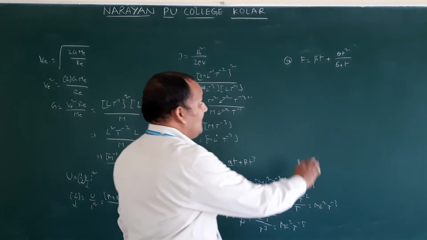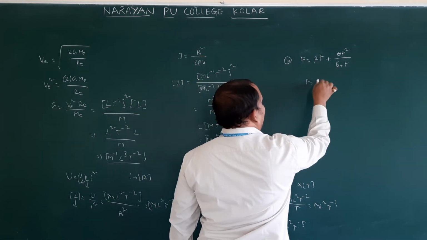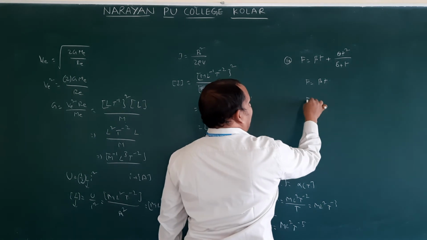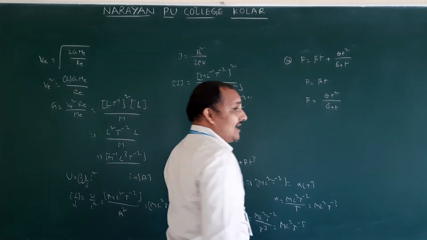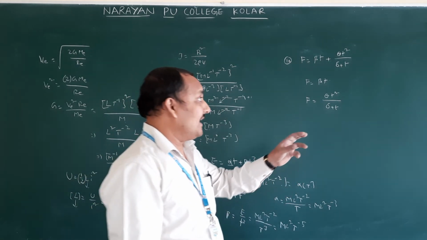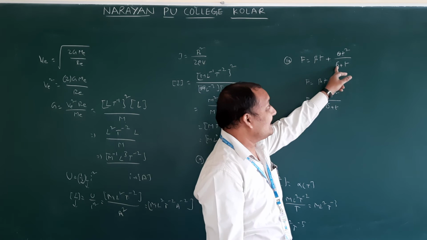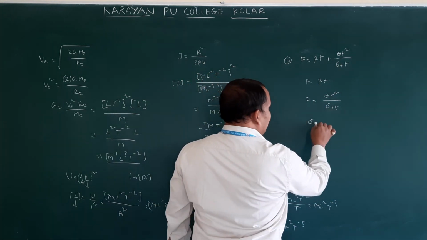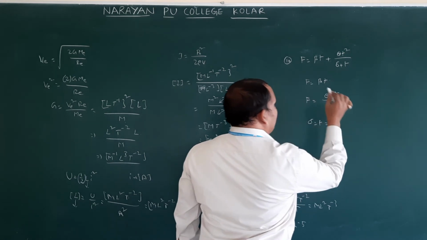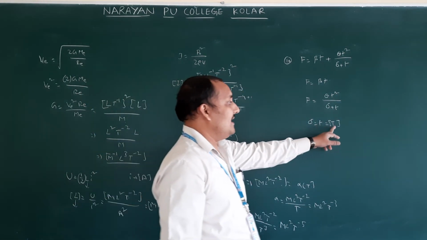What is F here? Force. t is time. According to the homogeneity principle, F is equal to beta t. F is equal to theta t square by delta plus t. Another one also there. We can add or subtract. Adding delta and t means delta and t will have the same dimensions. Therefore, delta is nothing but t. That is, the dimension formula for delta and the dimension formula for t will be the same.